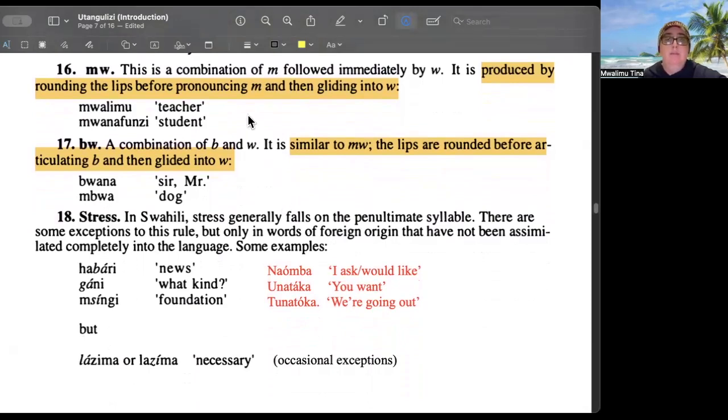This is the nasal sound that we discussed above, but it is immediately followed by a W. You produce it by slightly rounding the lips inward before pronouncing M and then gliding in to W. For example, we have mwalimu, mwanafunzi.